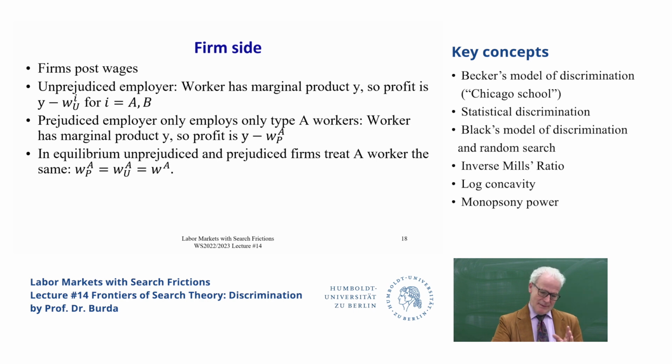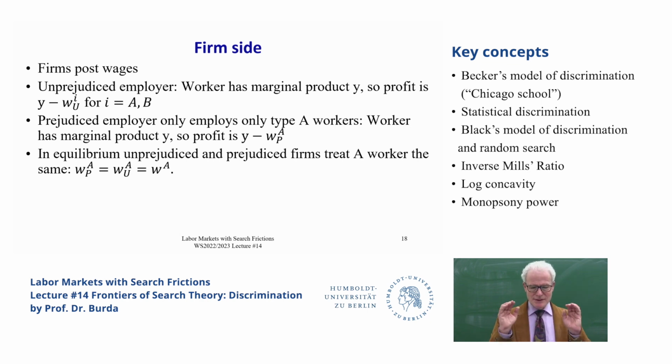You could also say, well, maybe they could segment as well, but the power for that equality of the A post wage is pretty strong, right? The other one, there are no discriminated workers at the prejudiced firms, so there's nothing to compare to. So I think that's another thing Black was trying to take advantage of.